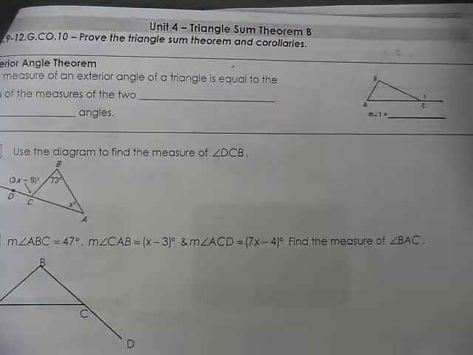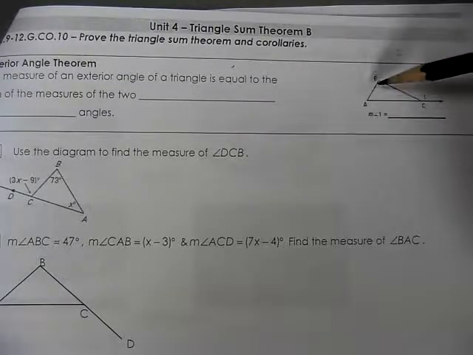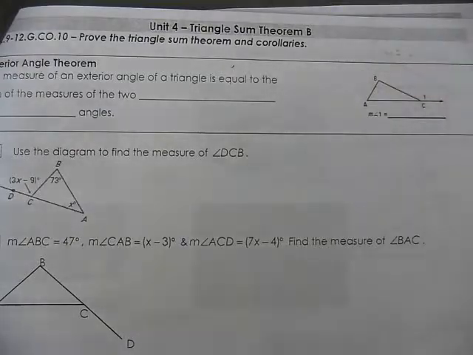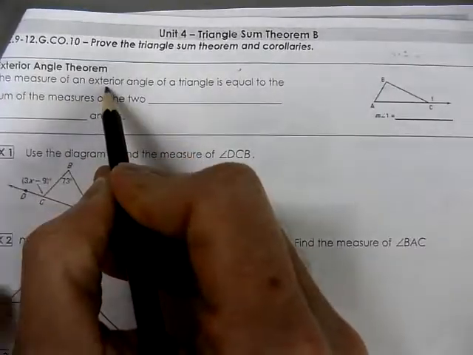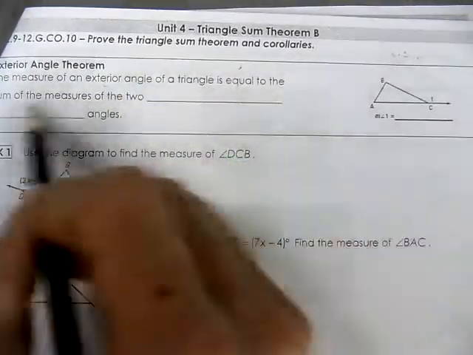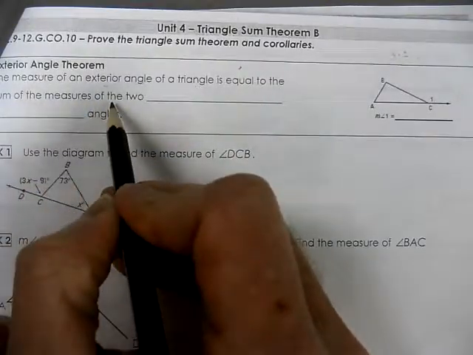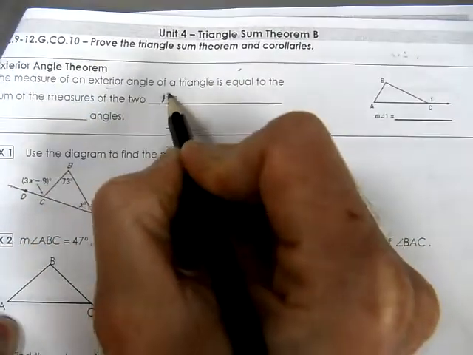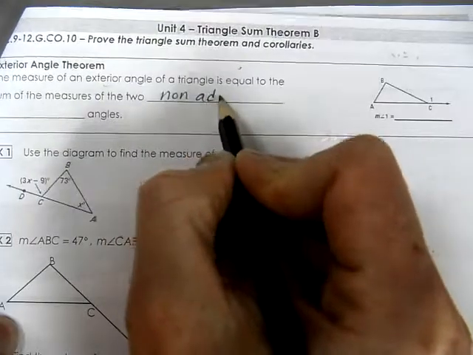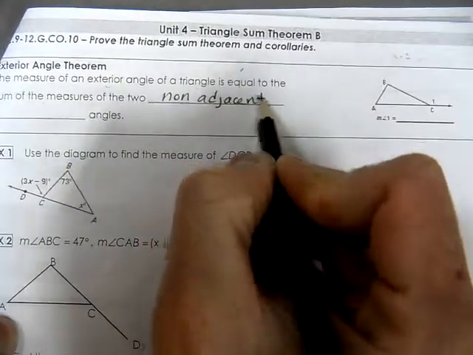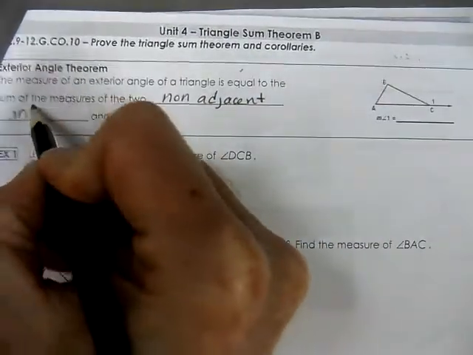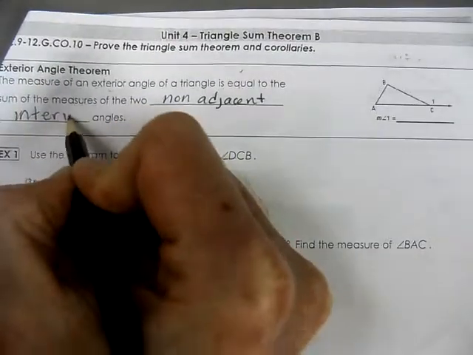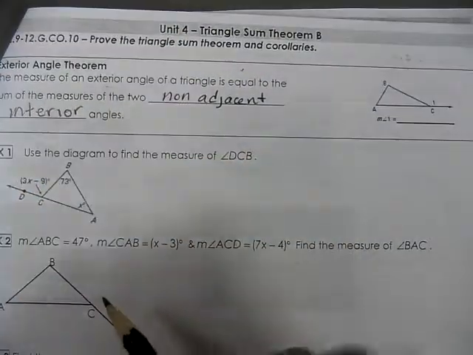With this exterior angle theorem, we're talking about how the outside angle, called the exterior angle, equals the sum of the two angles inside. The measure of the exterior angle of a triangle is equal to the sum of the measures of the two non-adjacent interior angles.